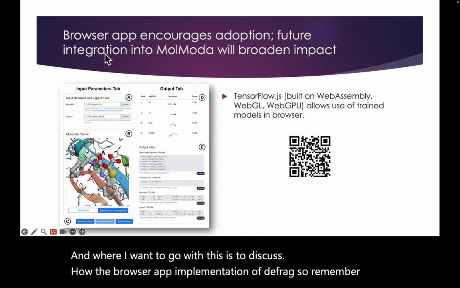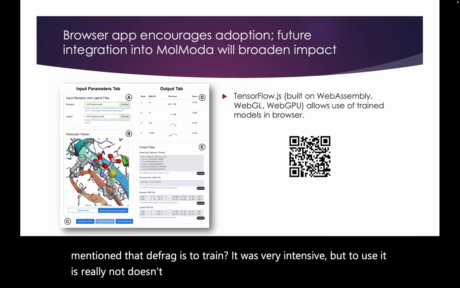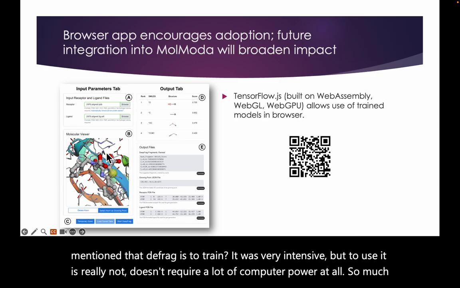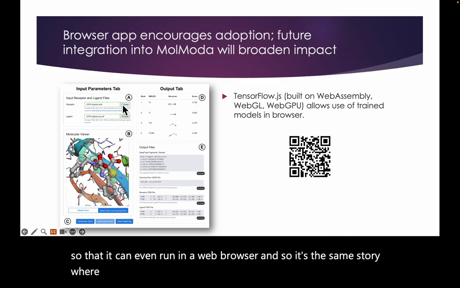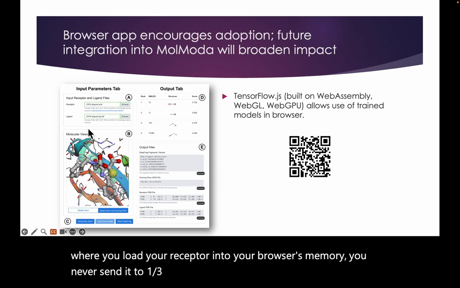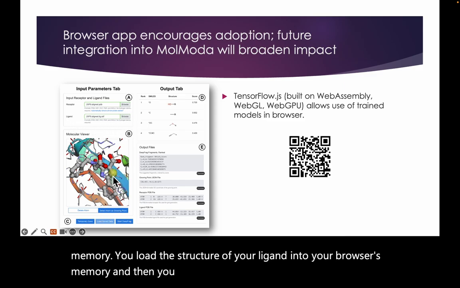Remember, I mentioned that to train DeepFrag was very intensive, but to use it is really not. It doesn't require a lot of computer power at all, so much so that it can even run in a web browser. And so it's the same story where you load your receptor into your browser's memory. You never send it to a third-party server, you just load it into your browser's memory. You load the structure of your ligand into your browser's memory, and then you select the atom to which you want to add some fragment.